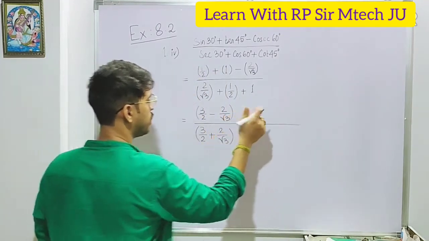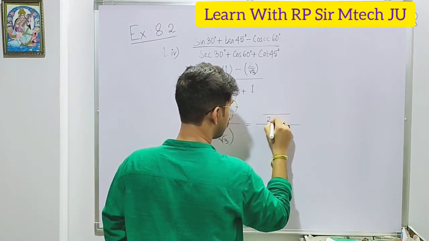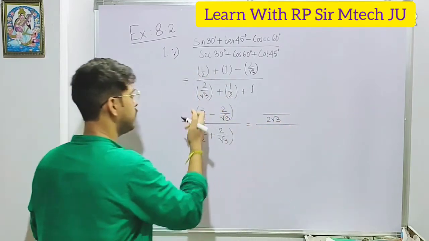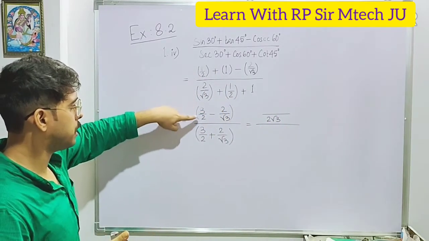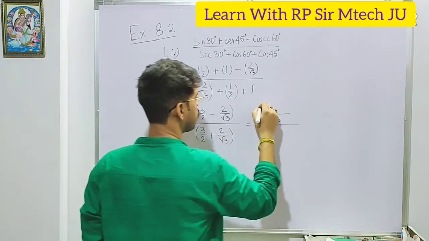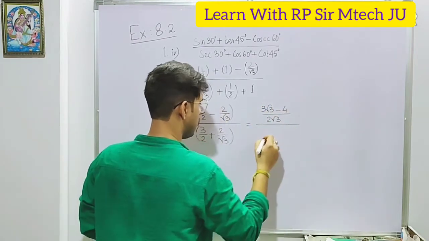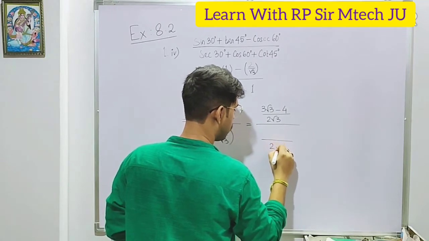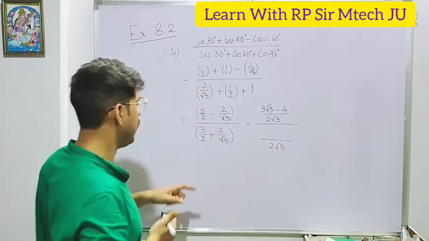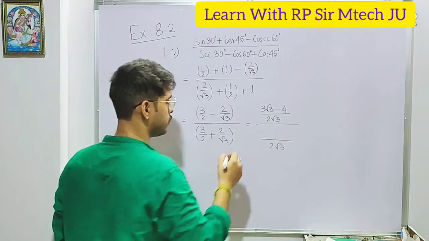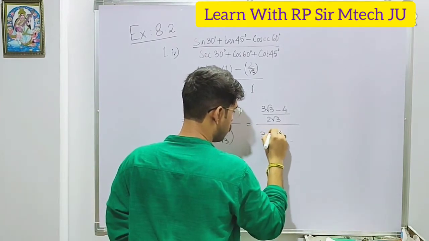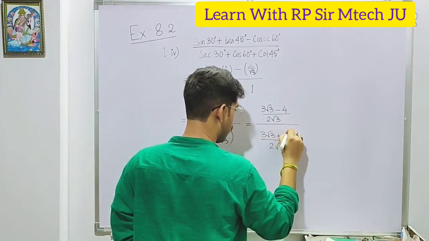So here 2 root 3 will be the LCM, and here we are getting 3 root 3 minus 4. Again we are having the same LCM, 2 root 3, and it will be 3 root 3 plus 4.